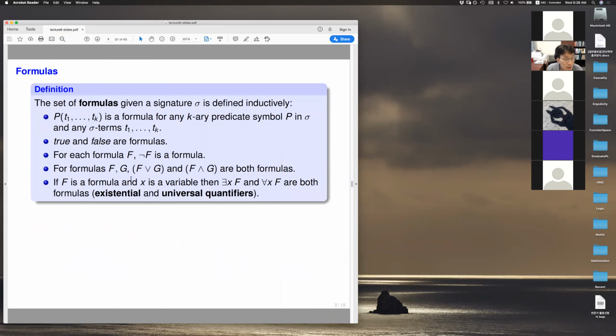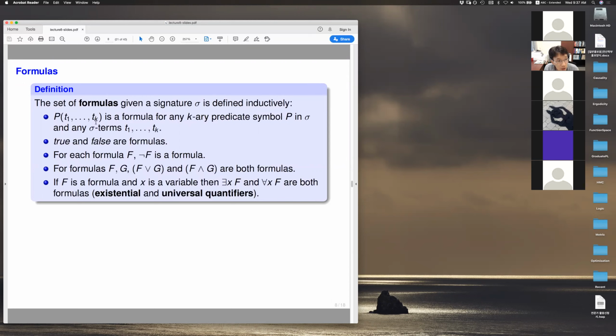Formulas are the syntactic entities that describe properties. Formulas are also defined inductively, and the definition is what you expect. We have two kinds of atomic formula, the two base cases. One is for a predicate symbol P in the signature. If you apply this predicate P to the sigma terms T1 to Tk, that's going to be a formula.